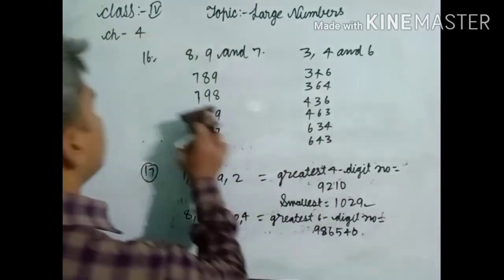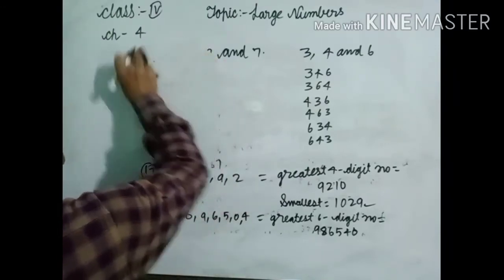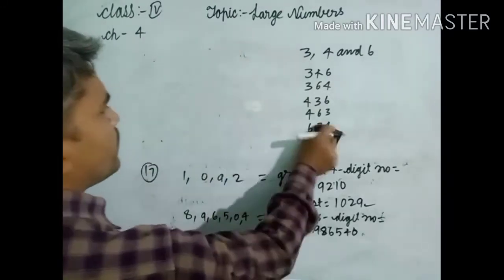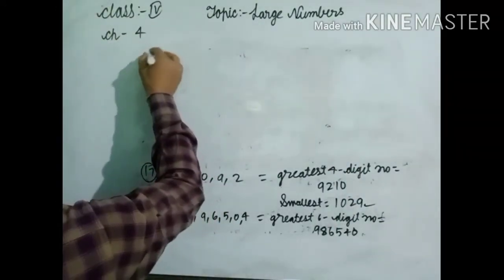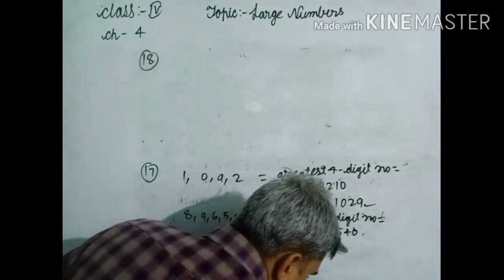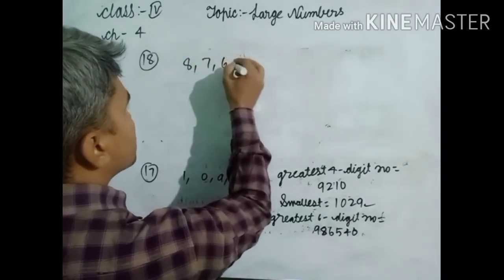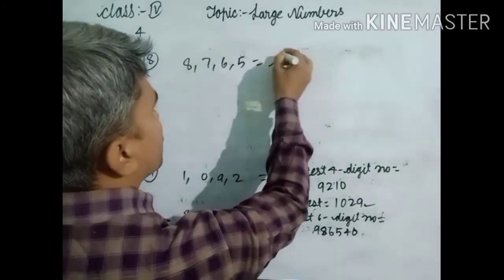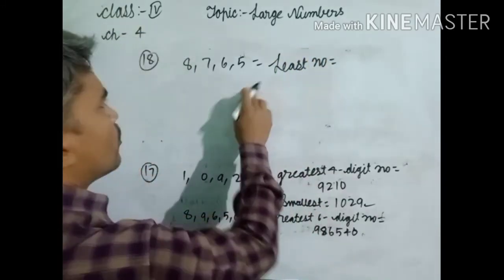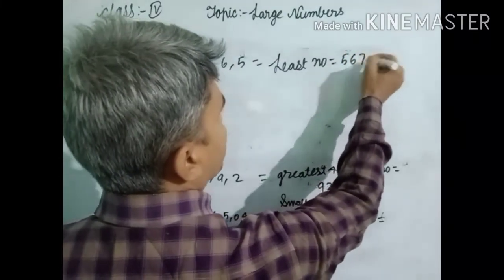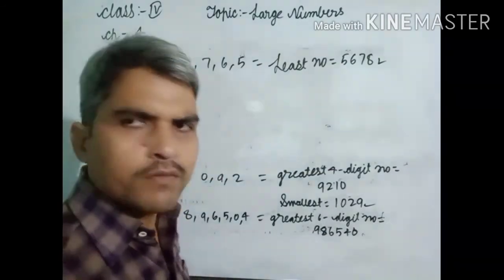Now question number 18. What does question number 18 say? Dear students, this is the last question of the related topic. Write the least number of 4 digits using 8, 7, 6, 5. Least number is equal to the smallest number 5,678. This is the least number. And when you are asked the greatest number, 8,765, that's okay.